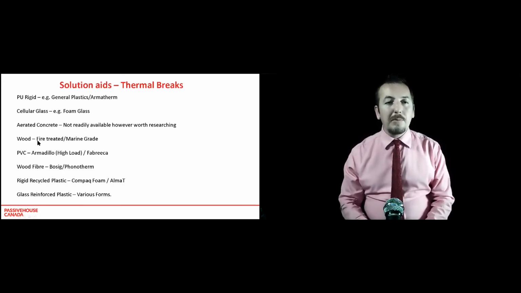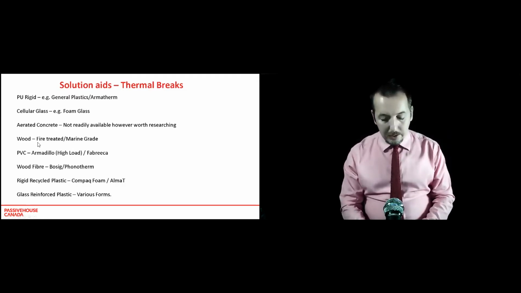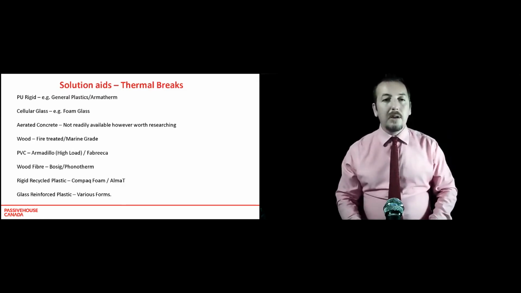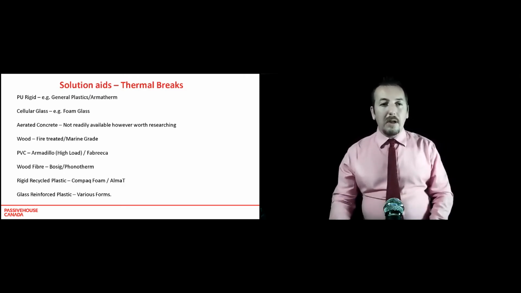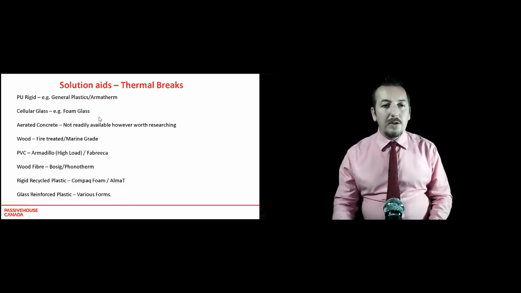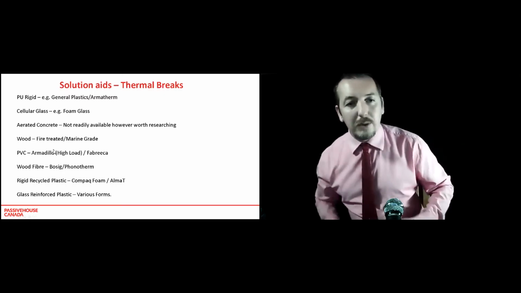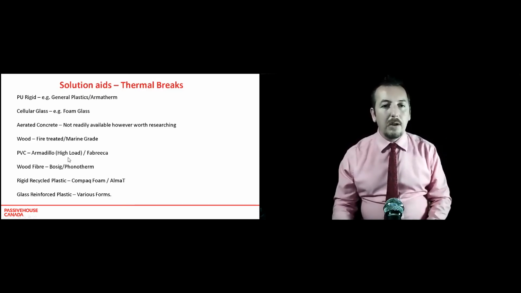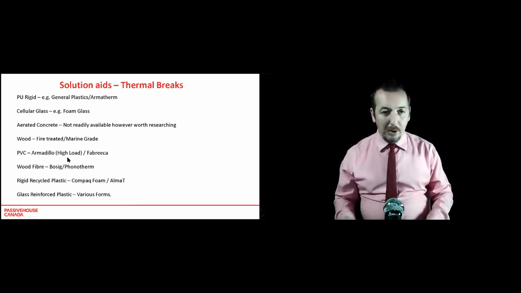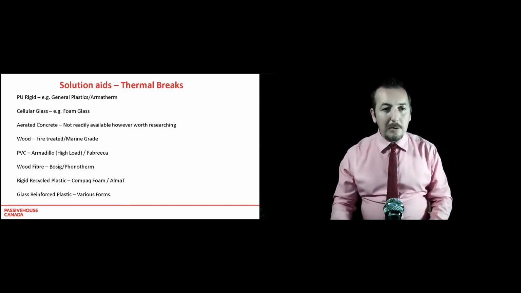When you're doing timber frame construction, you can get down to super levels of insulation. And depending on how you use wood, it's quite advantageous when it comes to thermal bridging, and you can get a lot of negative psi values and get a benefit from that in your energy balance as well. PVC and nylon and Armadillo fabrica are all great for high load thermal breaking.